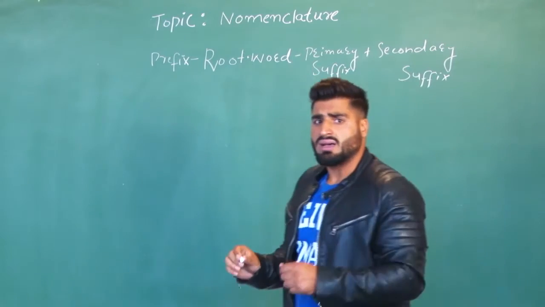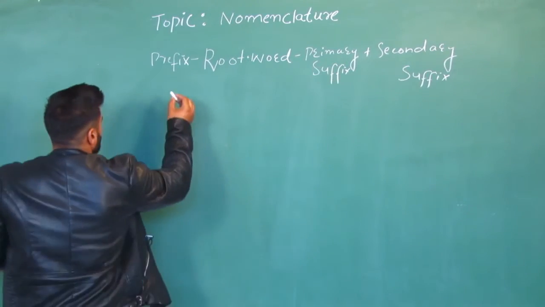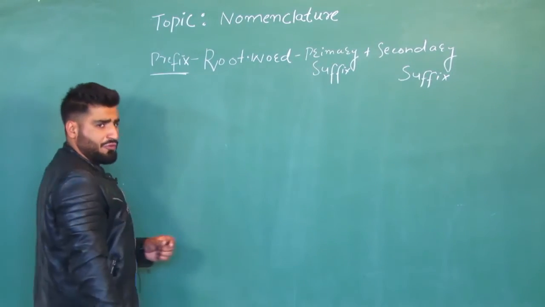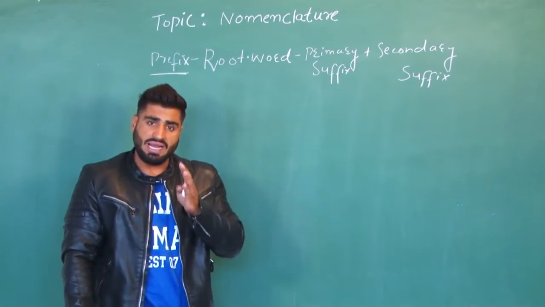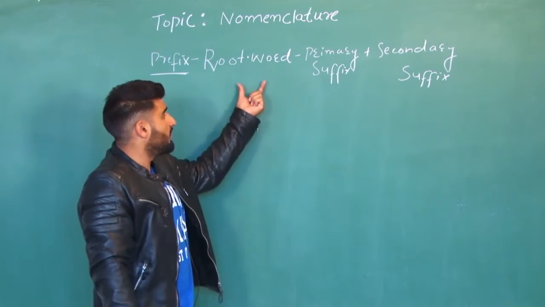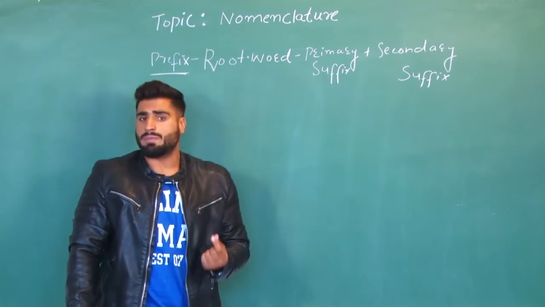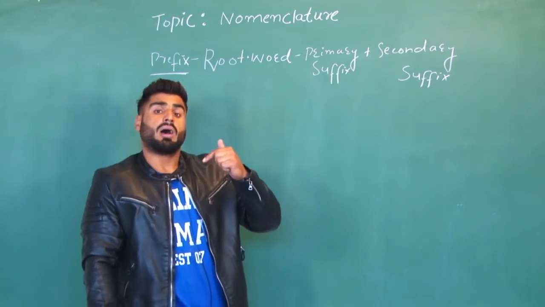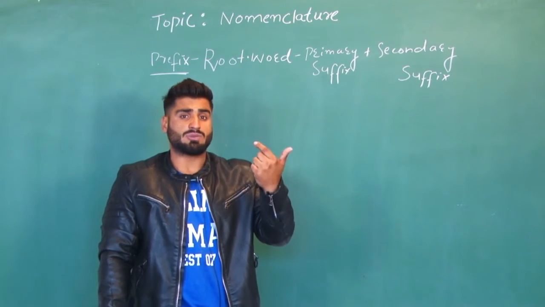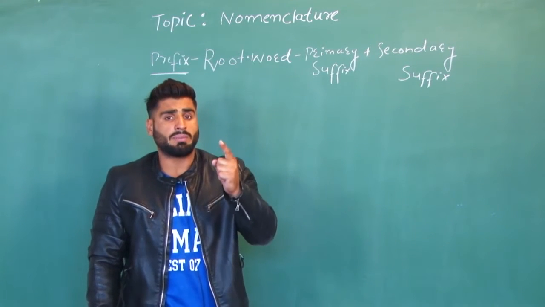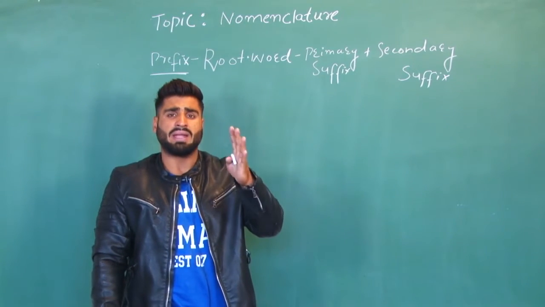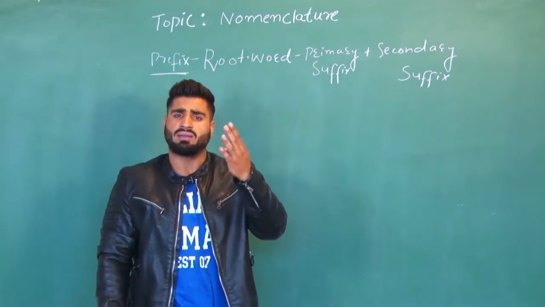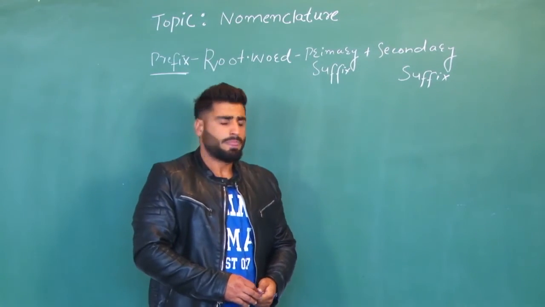As discussed earlier, in the prefix we write the substituents or side chains. In the root word, we indicate the number of carbon atoms by using various types of root words. For 1 carbon meth, for 2 carbon eth, then prop, but, pent, hex, hept, oct, non, dec, and so forth.